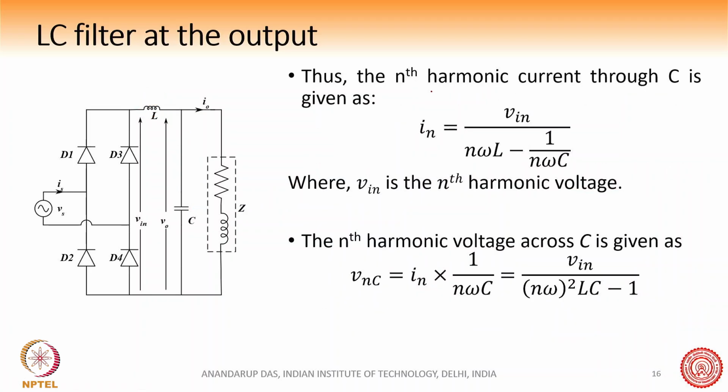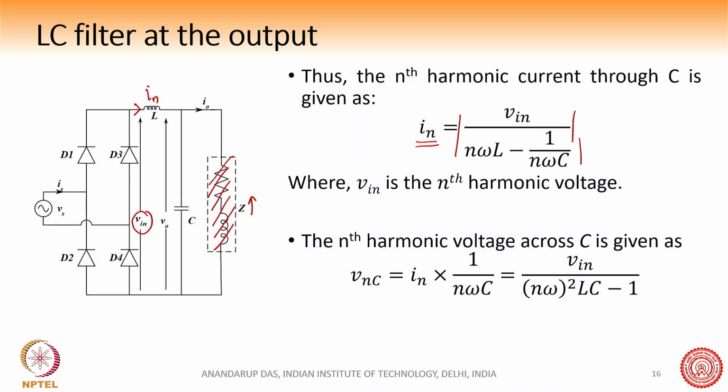So when this condition is satisfied, we can say that this In is the current here, assuming that Z does not exist, since Z is very large. Therefore In is equal to Vin, this voltage, divided by n omega L minus 1 by n omega C, in absolute magnitude.